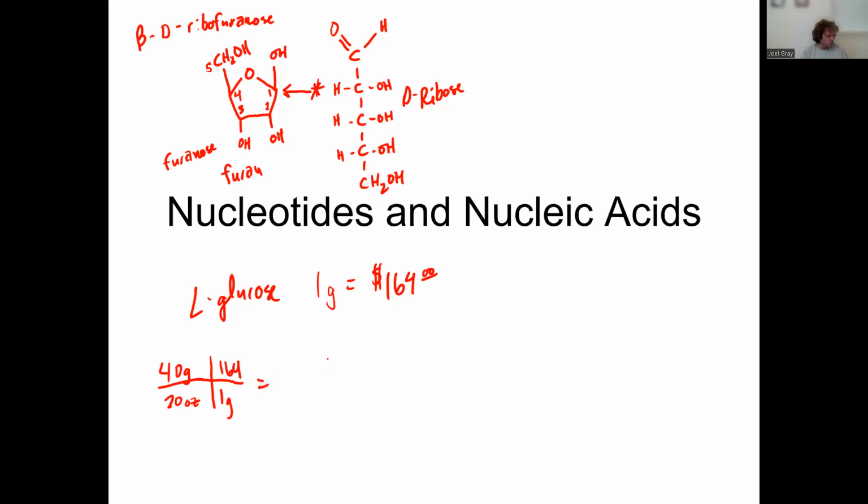That means that to sweeten that soda, it would be approximately 40 times 164. You're talking about a $6,500 soda. So that's one reason why you don't have diet sodas that are sweetened with L-glucose.